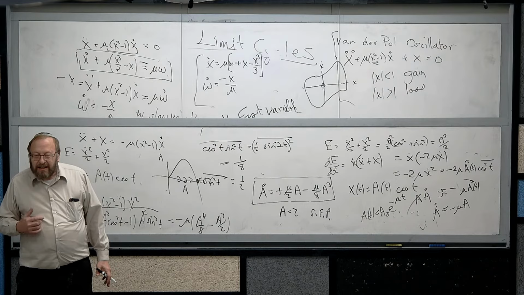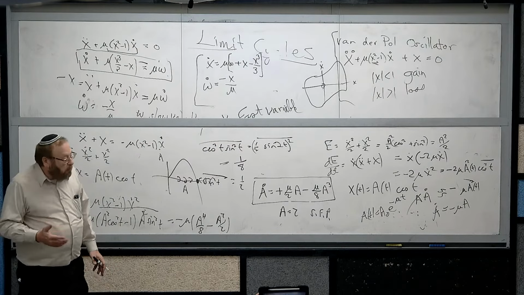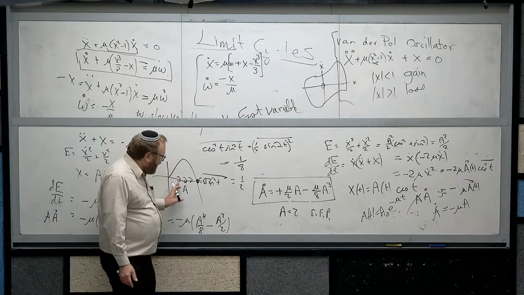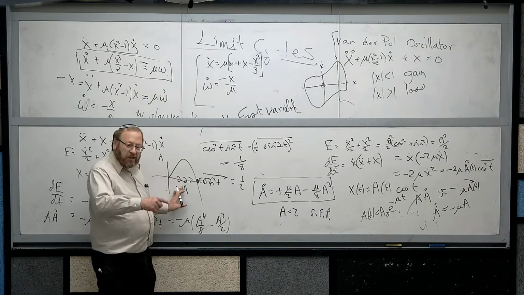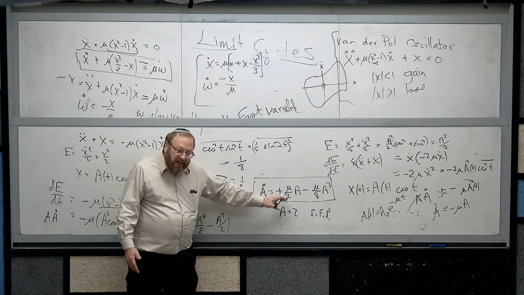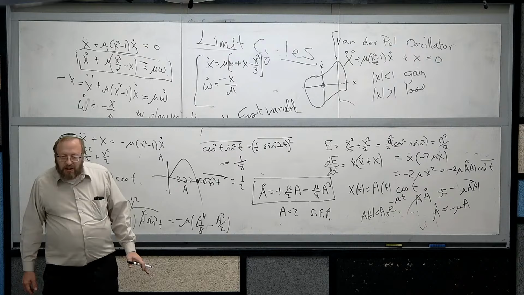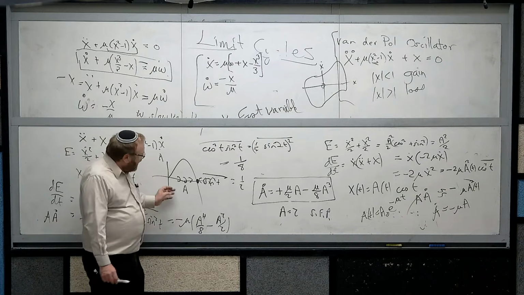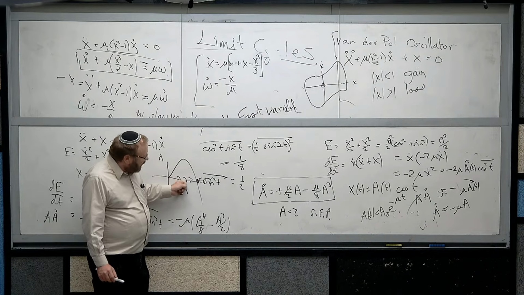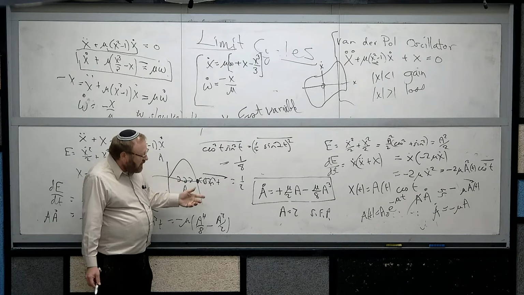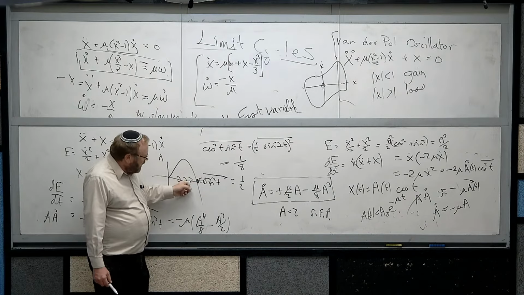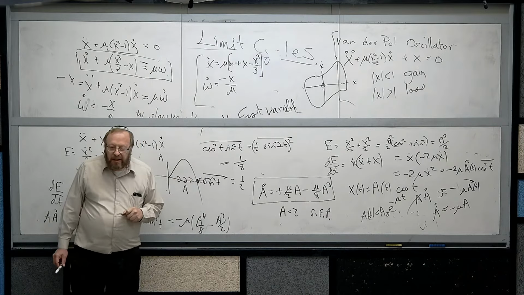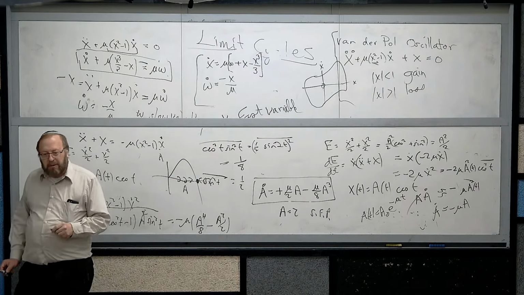Before that, if you started out with some other A, well, then A would slowly change. We could solve this equation if we felt like it, but who wants to do that? That's work. We don't do work, right? But we know that A slowly increases over the time scale of 1 over mu until it reaches the fixed point at 2. So we solved the problem.